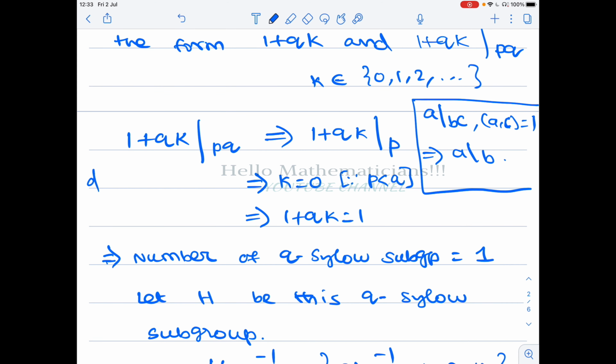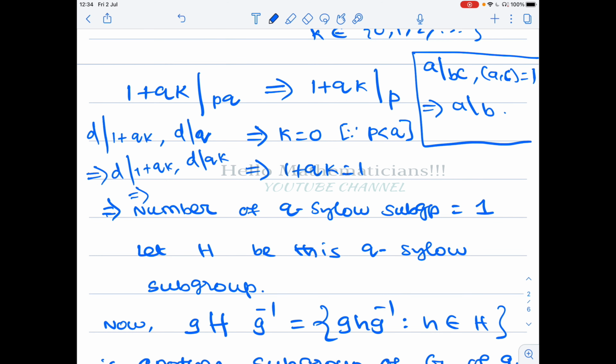Suppose D is a divisor, D divides 1 plus qk and D divides q, then D will divide their difference also. If D divides q, then D divides qk also. So D will divide their difference.